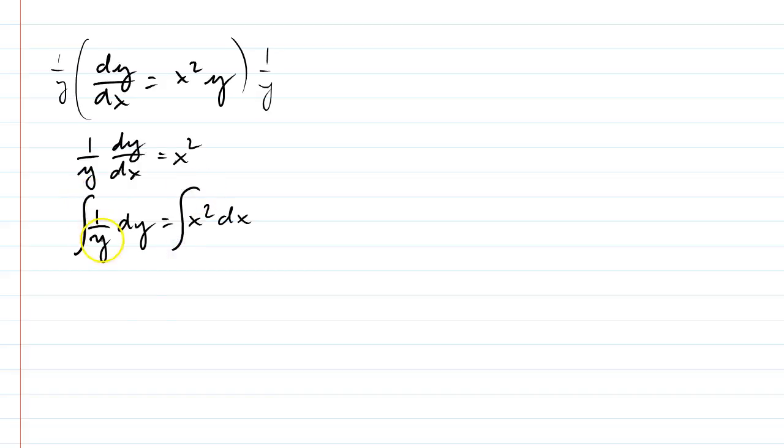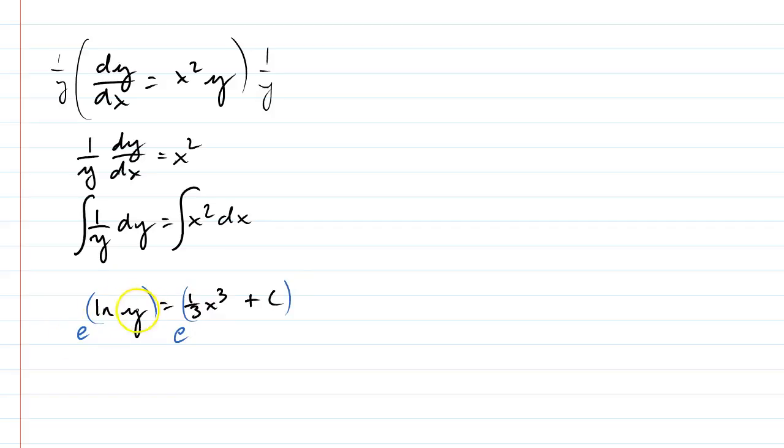The integral of 1 over y is ln of y, and the integral of this would be 1/3 x cubed, and we only need one c value. Now this in itself is an okay equation, but we want to get y alone, and so if you remember from logs, to solve this we have to do e to the power of this and e to the power of this on both sides.